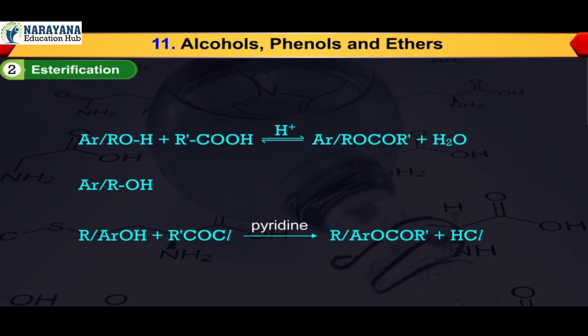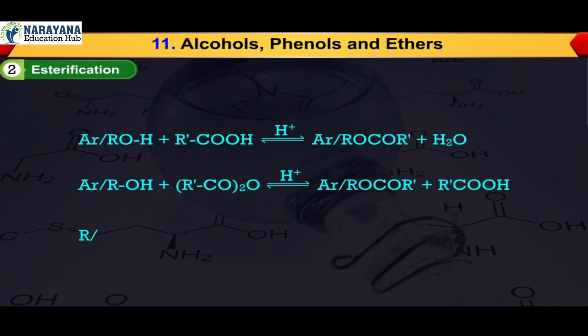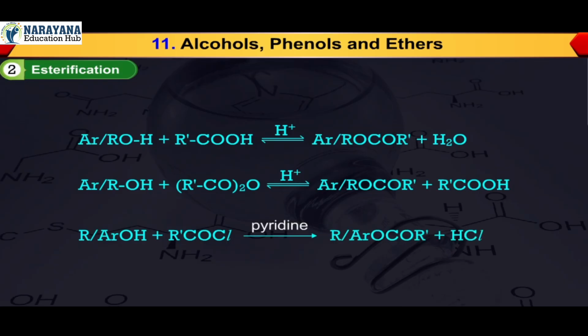Ar/ROH plus (R-CO)2O, H+, reversible, gives Ar/ROCOR plus R-COOH. R/ArOH plus R-COCl, pyridine, gives R/ArOCOR plus HCl.